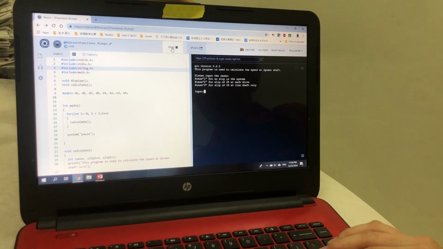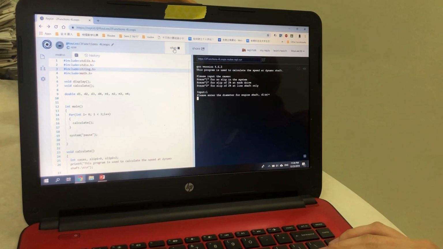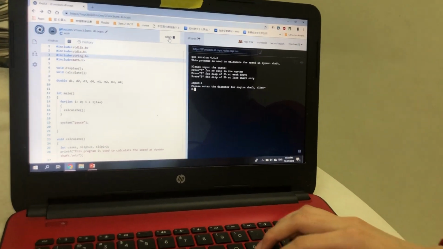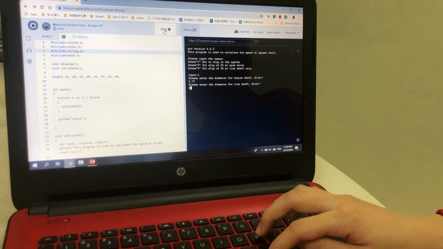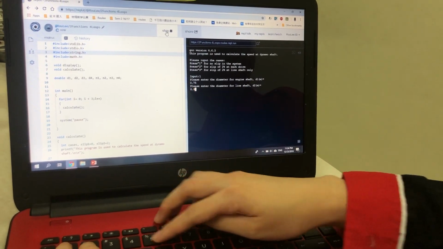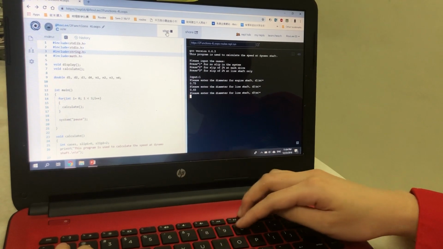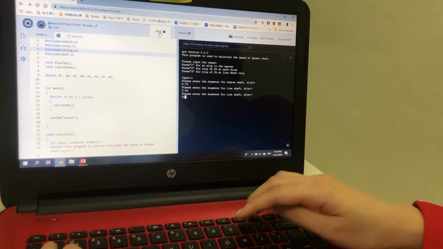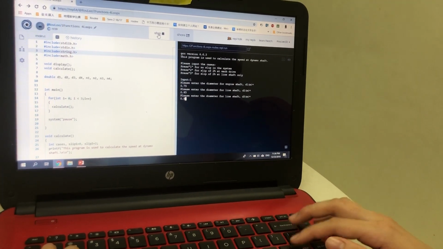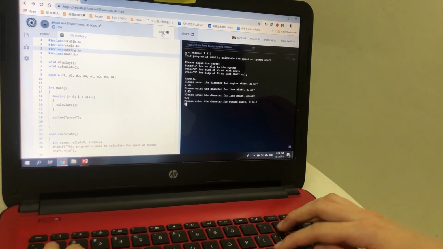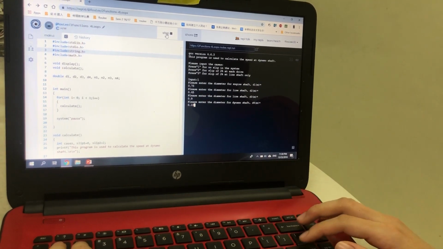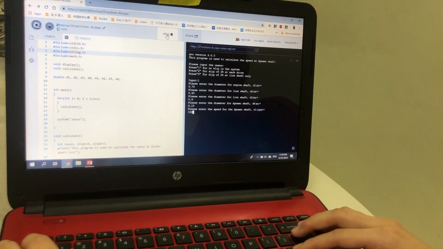If I input 1 and let D1 be 0.75, D2 be 0.45, D3 be 0.9, D4 be 0.15, and the last one, the speed, is 150.